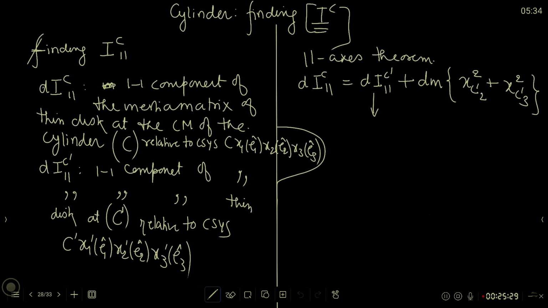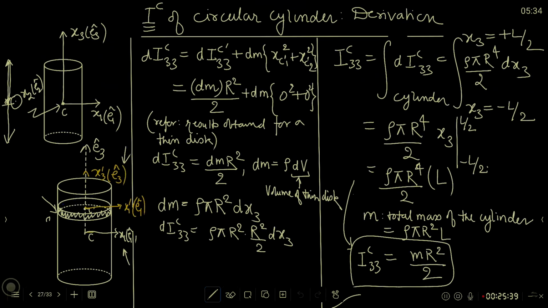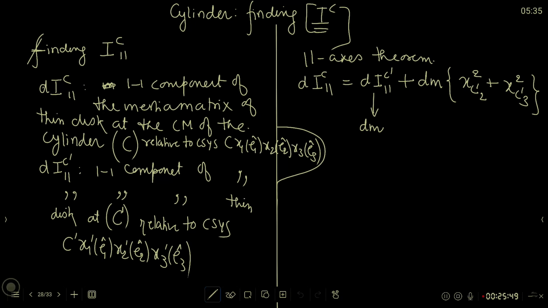So I will write this as dM times R square by 4. Earlier I wrote dM R square by 2; here I will write dM R square by 4. Thin disk result.